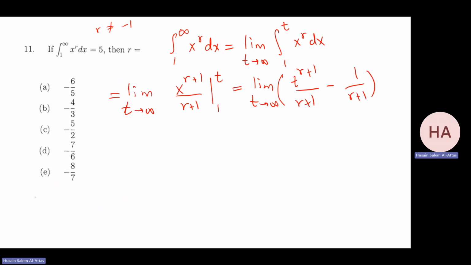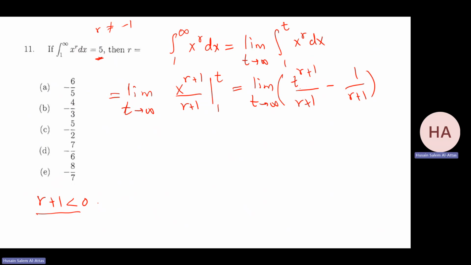Actually, r plus 1 should be negative, because if it is positive, this will go to infinity. So for sure it will be negative. Otherwise, that will go to infinity, so it will not converge to a value. It will diverge.